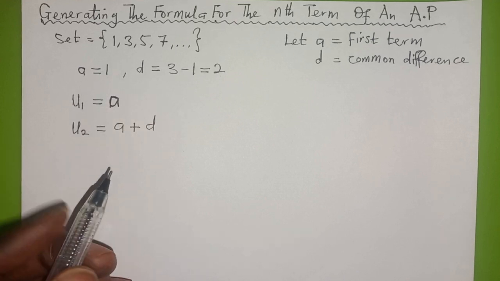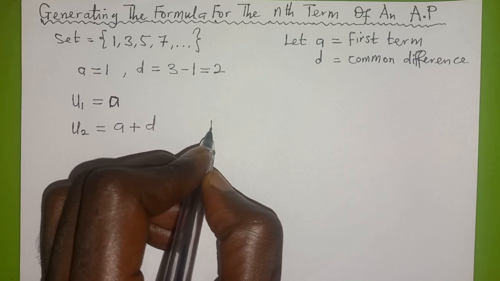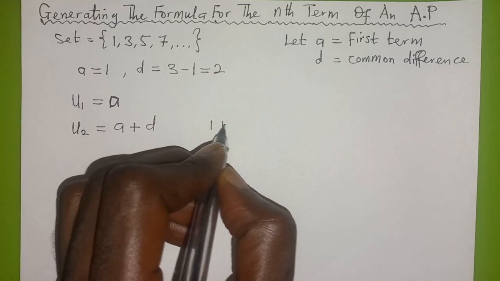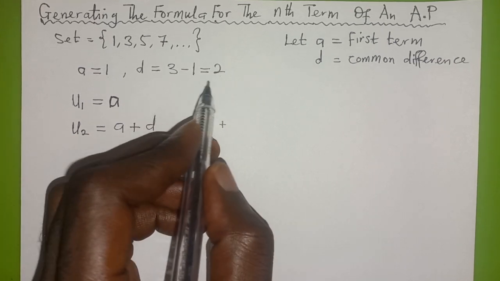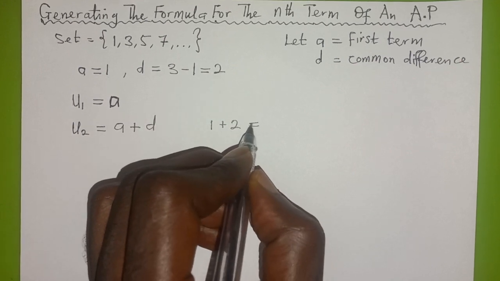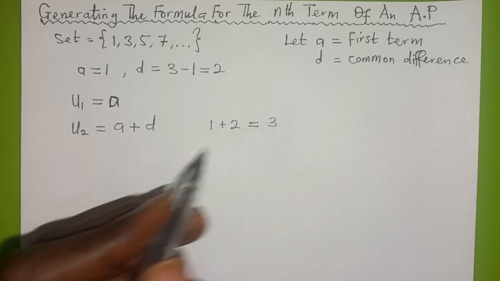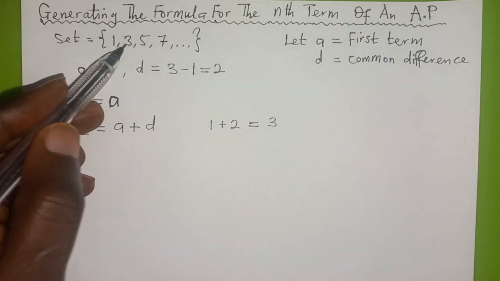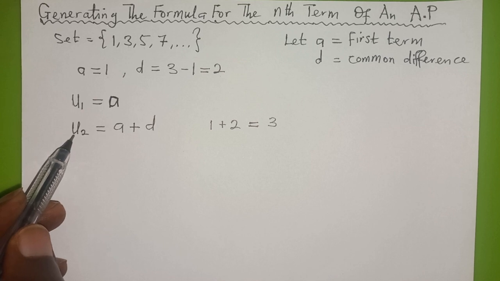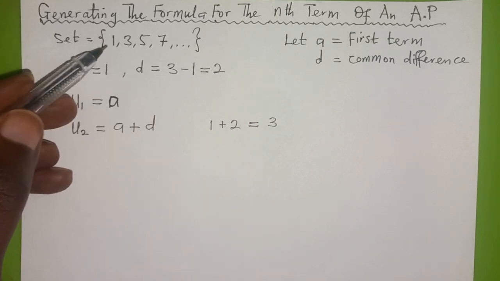What I'm simply saying is that this A is our first term, plus our common difference, 2. So this will finally result as 3. Now 3 is our second term, so this is true. Our U2 is 3 based on this example.